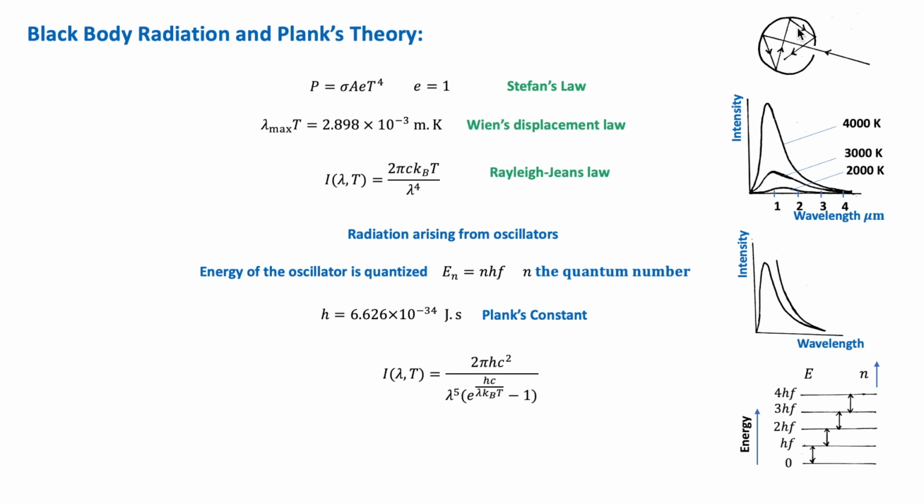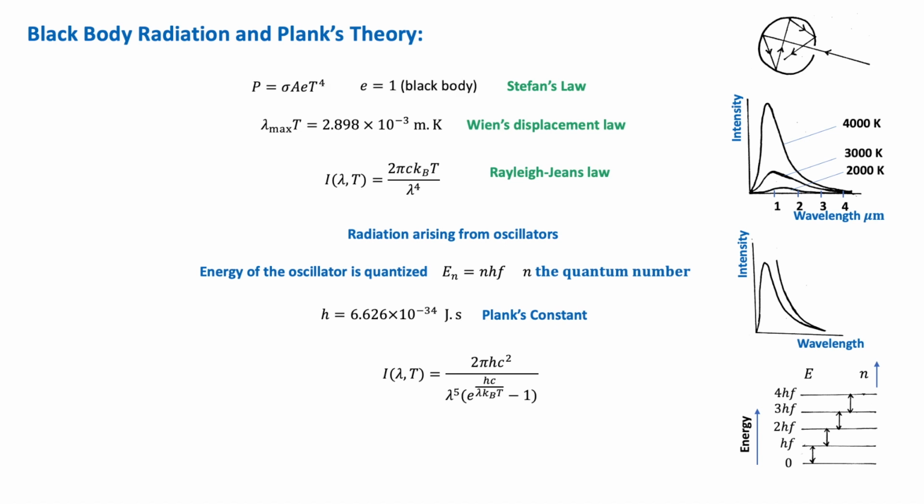Experiments have shown that the wavelength distribution of the radiation from a black body at different temperatures is shown here in this figure, and it shows that the distribution of the radiated energy varies with temperature and also with wavelength.